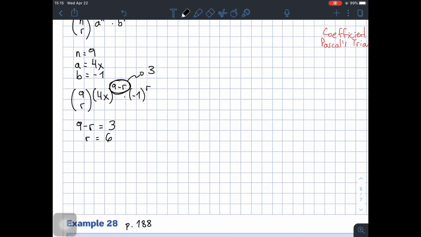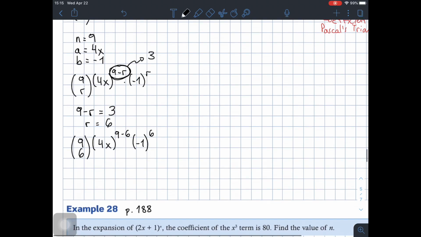If we rewrite the expression, this would be 9C6 times 4x to the power of 9 minus 6, which is 3, times -1 to the power of r, which is 6. Okay, so then we can solve this. We can find this term by using the calculator.